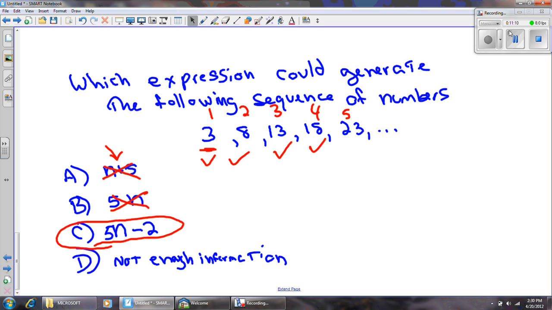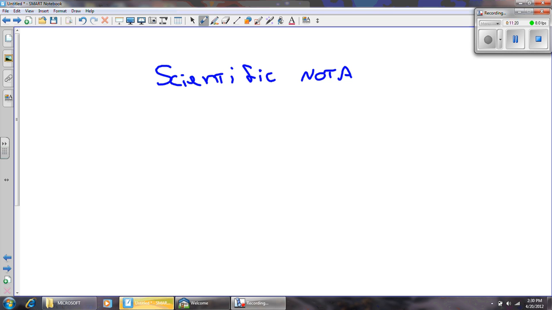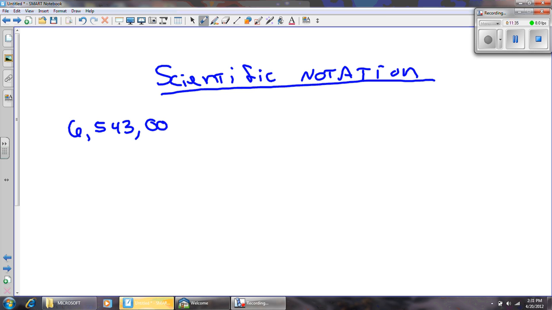Okay, hold on one second. I wanted to talk really quickly about scientific notation because I know some of you get rusty on it. And your calculators will do scientific notation for you. I plan on showing you how to do that, all right? But first of all, let's take a standard notation number like 6,543,000.